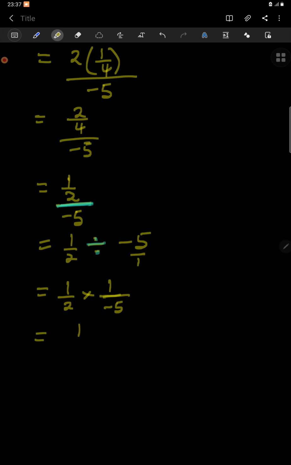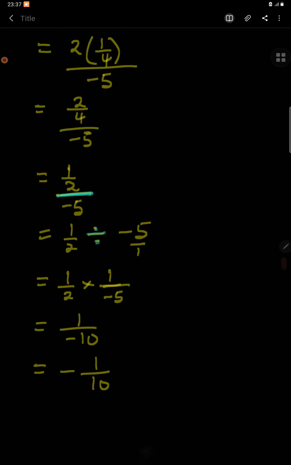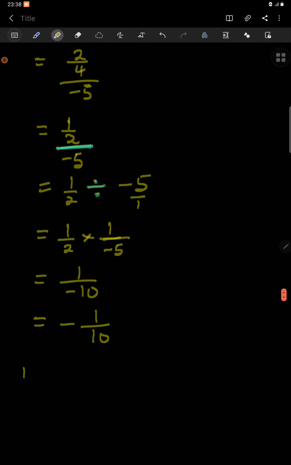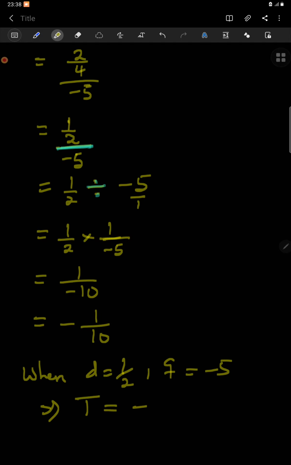And this gives us 1 over -10. We can beautify it and write it as this. Right. So we can now conclude that when d is half and q is -5, then our t is -1 over 10.